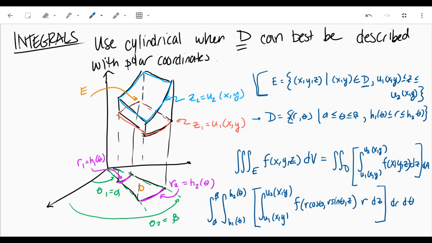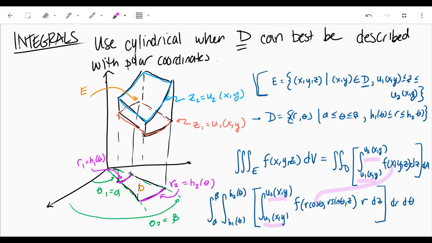So again, if you look here, and I'm going to use my highlighter, we didn't change this. Those stayed the same. We swapped out the x for r cosine theta.